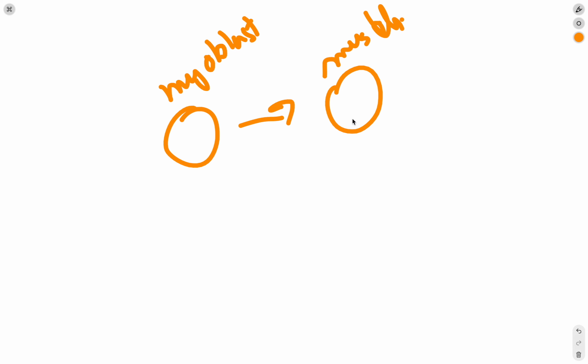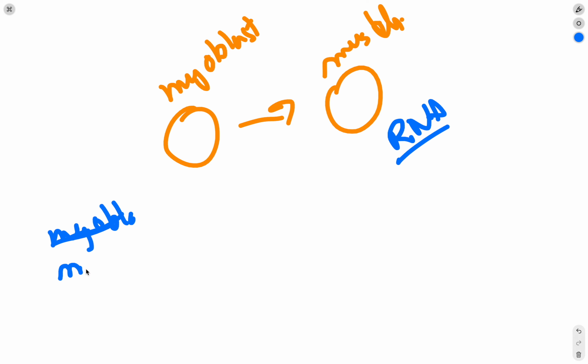we could look at the gene expression, and we can look at it by studying the RNA. And when we look for the RNA of the myogenin gene, just to go one example, when we analyzed, we would find no myogenin RNA in a myoblast, and we'd find myogenin RNA present in a muscle.